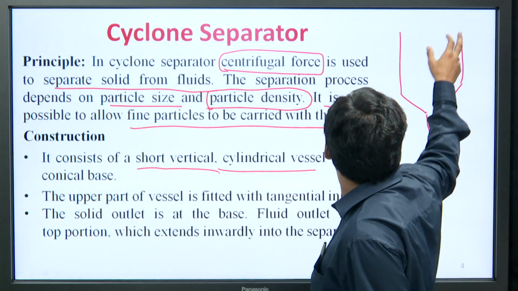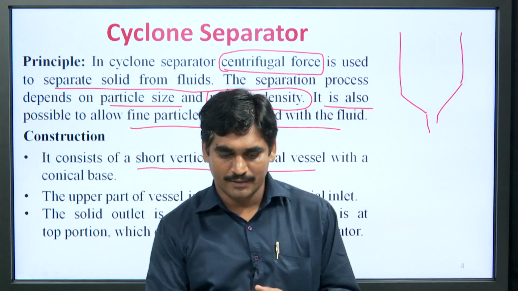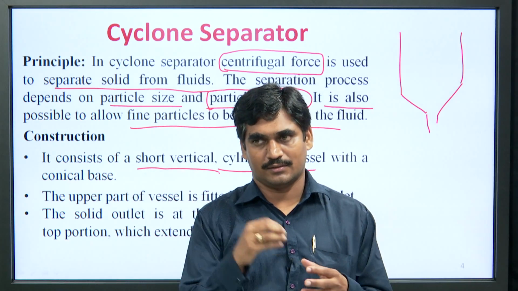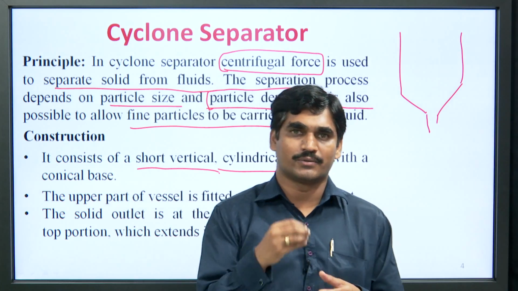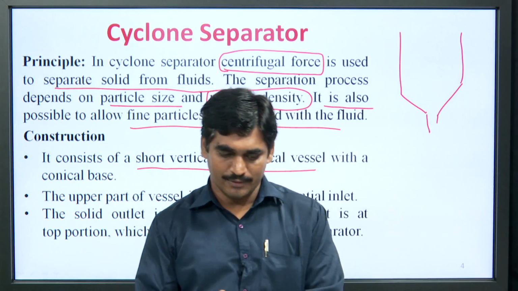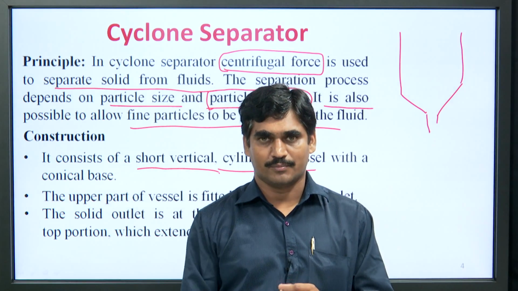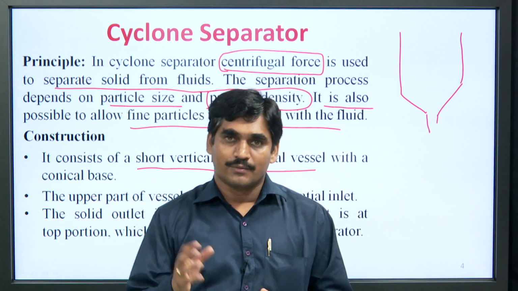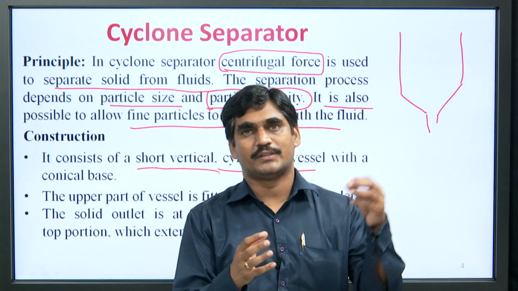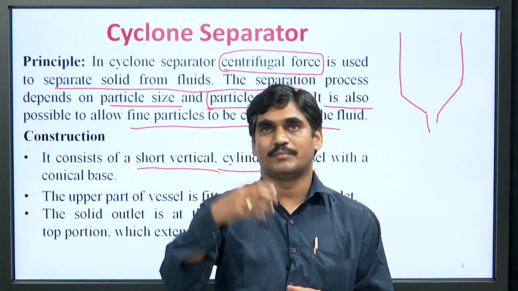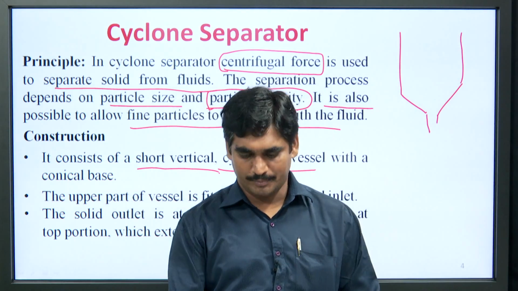The upper part of the vessel is fitted with a tangential inlet, through which the substances which we are going to separate enter into the cyclone separator, and a solid outlet is collected from the base, at the bottom of the container. Fluid outlet is at the top portion, through which the fluid which is entering into the system can be collected or it can be sent to the separator.